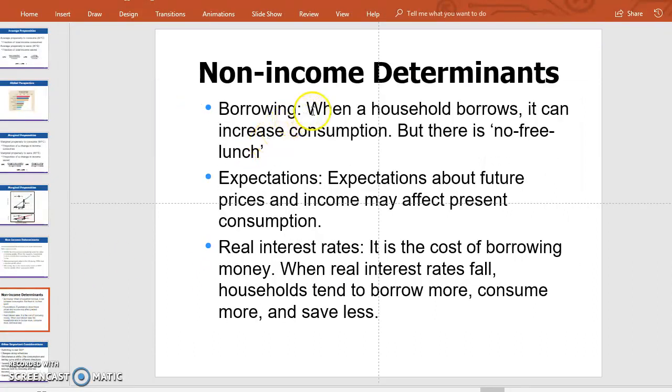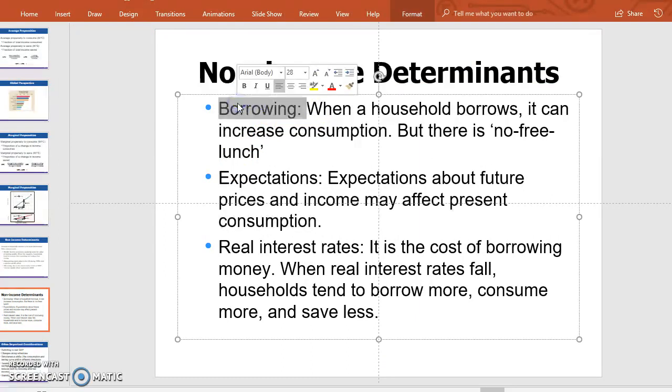Then the next determinant of consumption is borrowing, right? People can borrow and then consume, and they can consume more than their income by borrowing, in which case they will have negative savings.